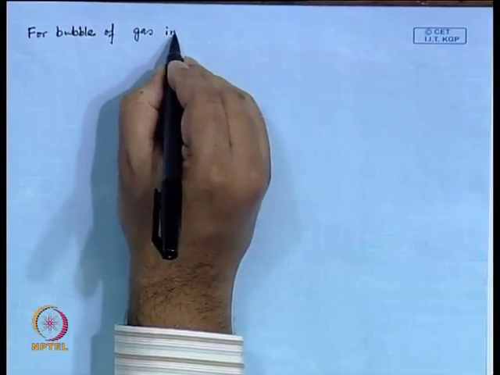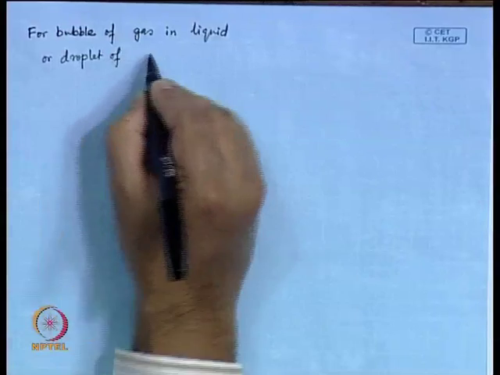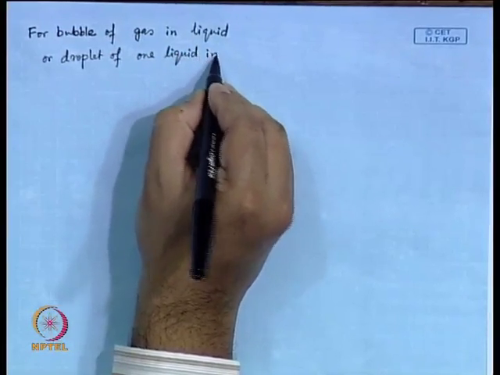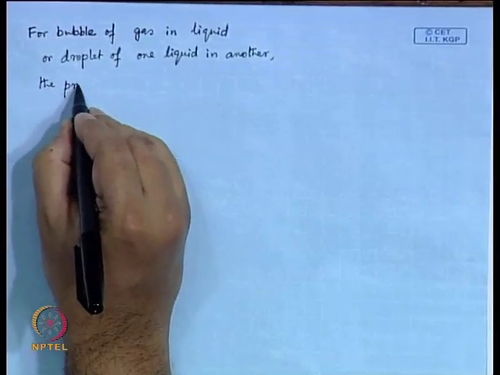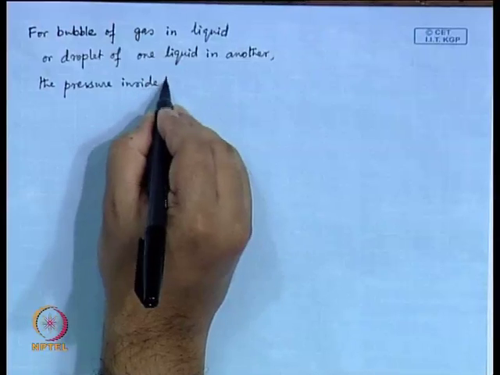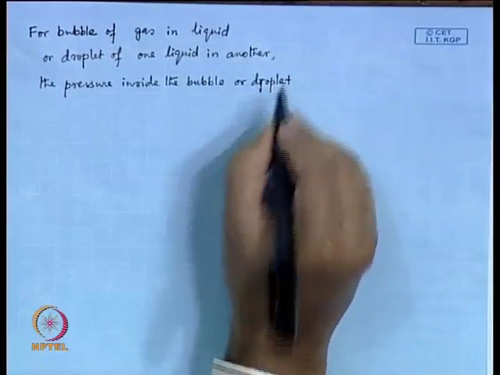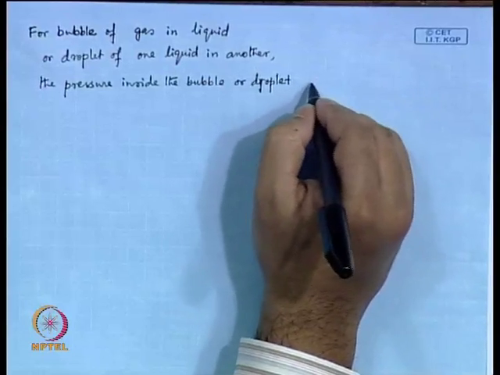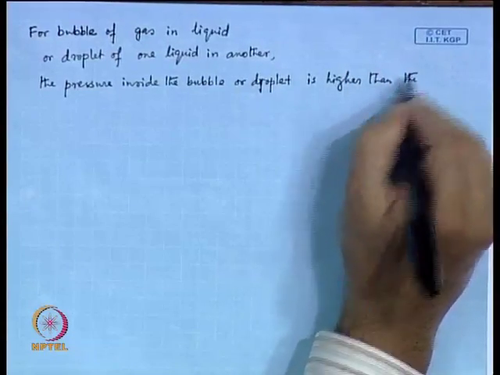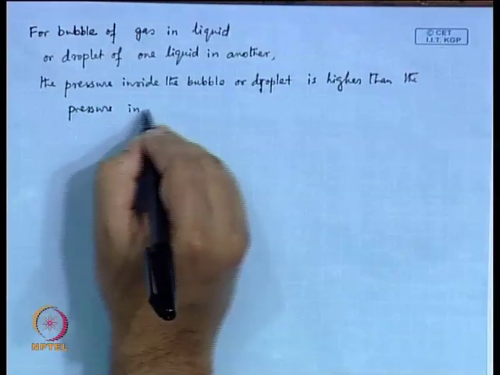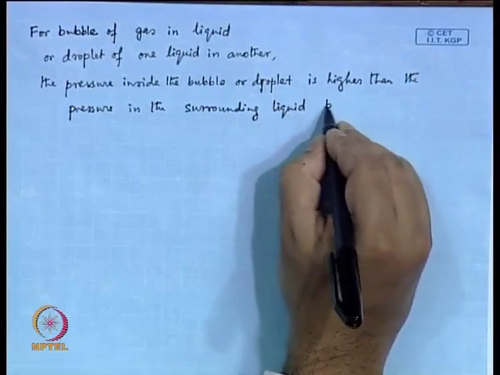For a bubble of gas in liquid or a droplet of one liquid in another, the pressure inside the bubble or droplet is higher than the pressure in the surrounding liquid by PL.